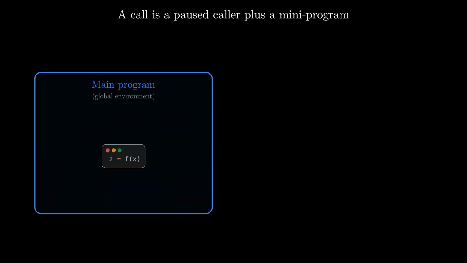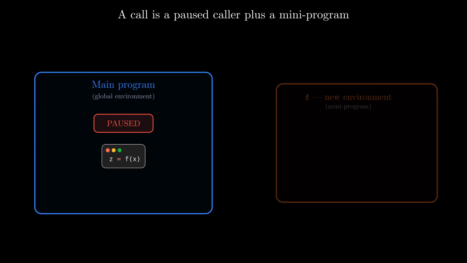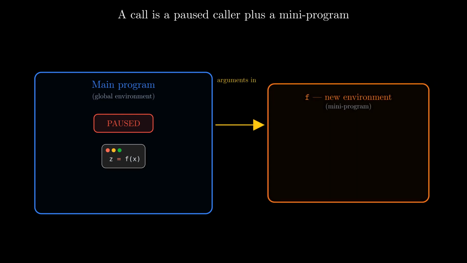So what actually happens during a call? Picture the main program taking a pause. It hits a function call, and that call behaves like a little mini program that must run and finish, returning a value before the main program can pick up where it left off. That mini program builds its own little environment to live in.